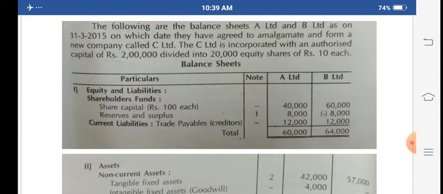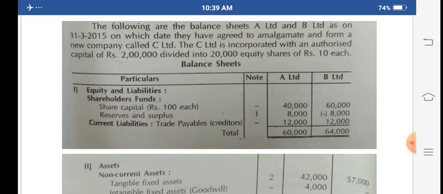Now one more problem we will see on this. The following are the balance sheets of A Limited and B Limited as on 31st March 2015, on which date they have agreed to amalgamate and form a new company called C Limited. C Limited is incorporated with an authorized capital of rupees 2 lakh divided into 20,000 equity shares of rupees 10 each.